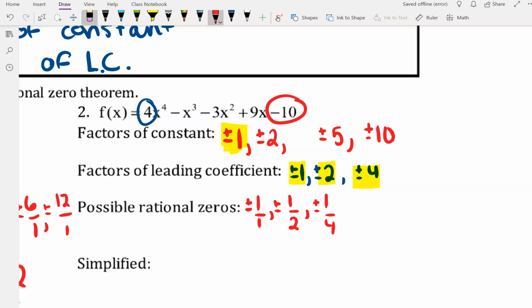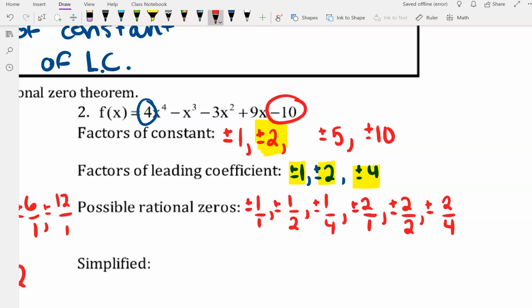Then I need to do that same thing, but instead of doing 1 over everything, I'm doing 2 over everything. So this is going to be 2 over 1, then 2 over 2, then 2 over 4. Now I need to do 5 over everything.